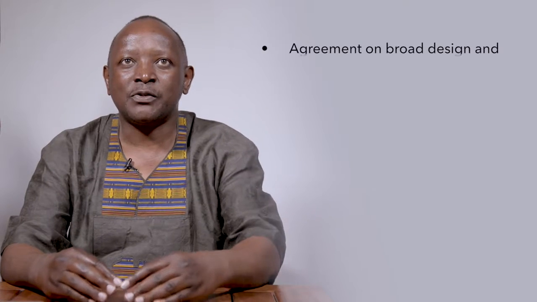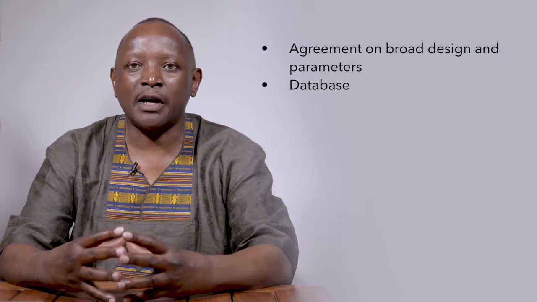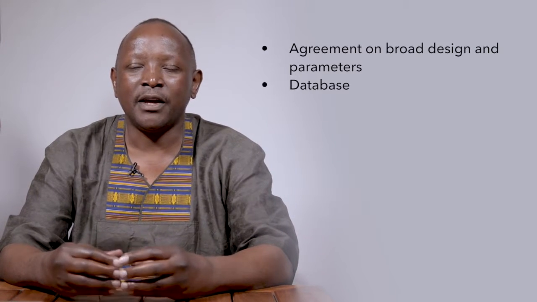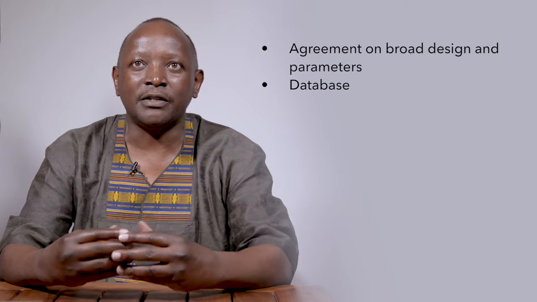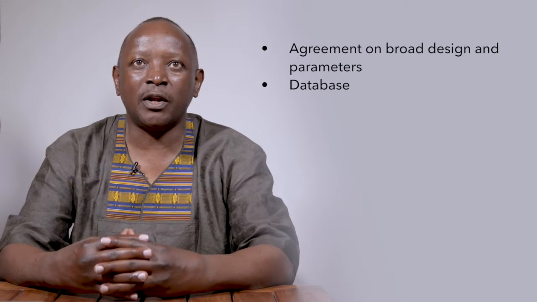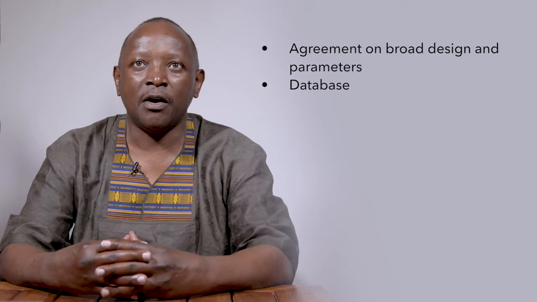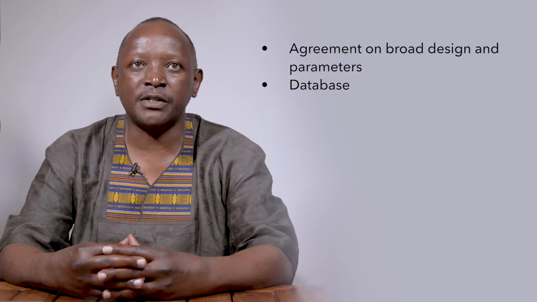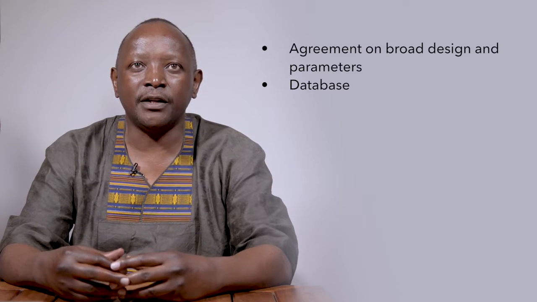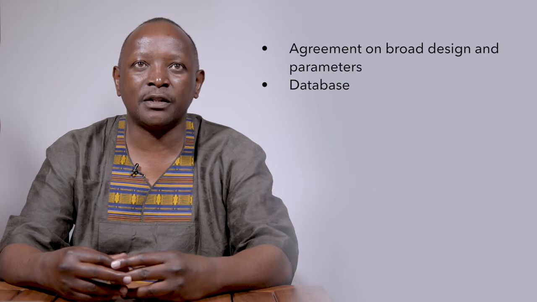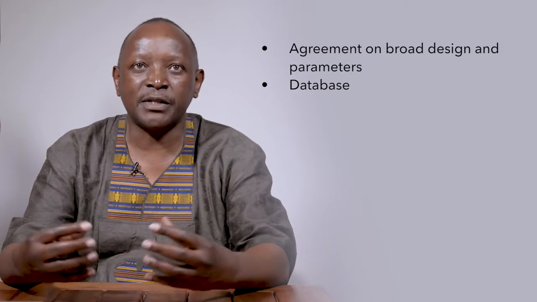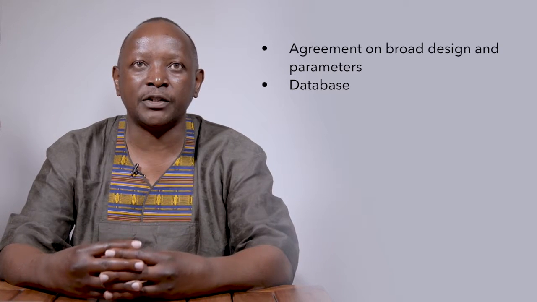One of the key issues is building a broad consensus among key stakeholders, a fundamental agreement on the broad design and parameters for a program management information system or an integrated system for information management and the underlying databases that bring about the integration.